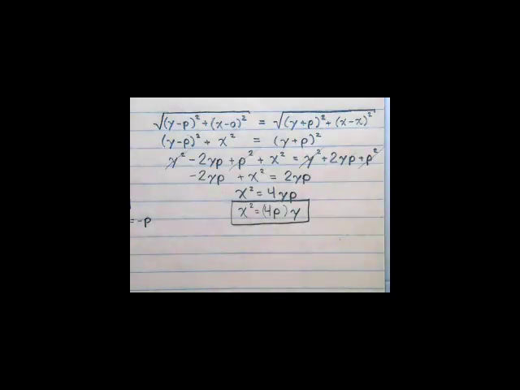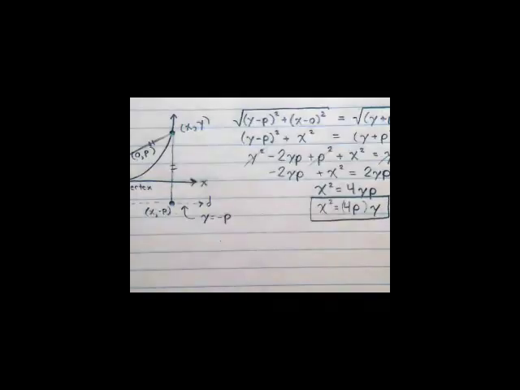What it does do now, though, is, as I know p, the distance that we're talking about between the vertex and the focus, which is also the distance from the vertex to the directrix, however wide that gap is, it sets up the whole equation for our parabola. Does that make sense? I mean, geometrically, we just said it's a collection of points the same distance from the point to the line. So as long as we have the point and the line, and we know how far apart they are, we should have a unique equation for that particular parabola, right?